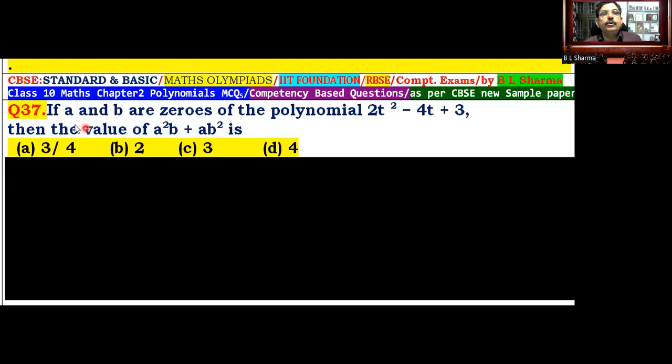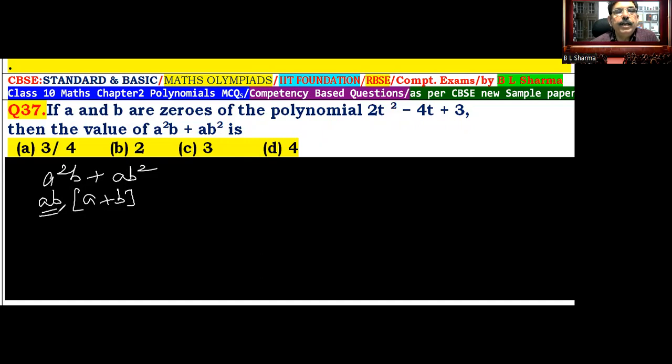If alpha and beta are zeros of the quadratic polynomial 2t square minus 4t plus 3, then the value of a square b plus ab square will be? We know that a square b plus ab square, we can take ab common, so that is ab into a plus b.